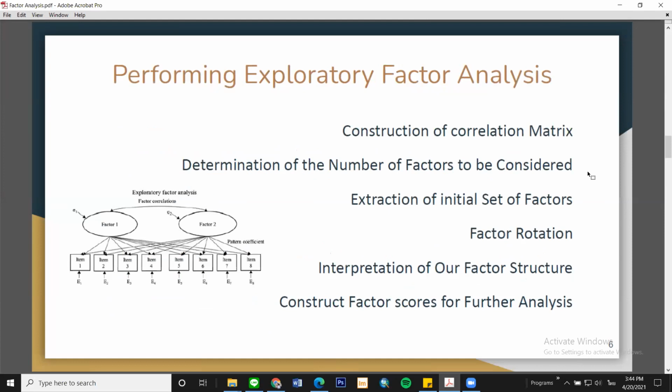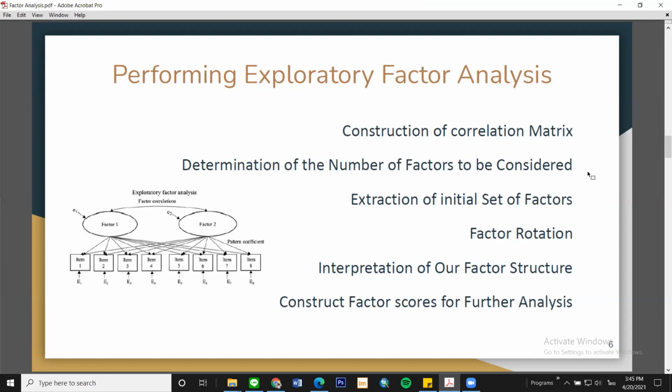The performance of exploratory factor analysis consists of 6 steps. The first is construction of the correlation matrix, to evaluate the relationship between variables. The next step is determination of the number of factors to be considered, which equals the number of eigenvalues of the correlation matrix greater than 1.